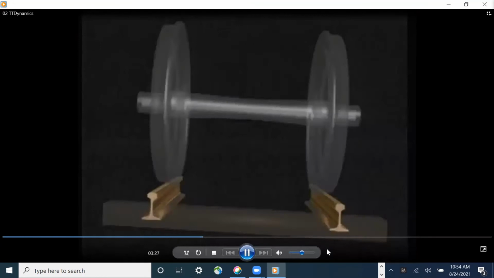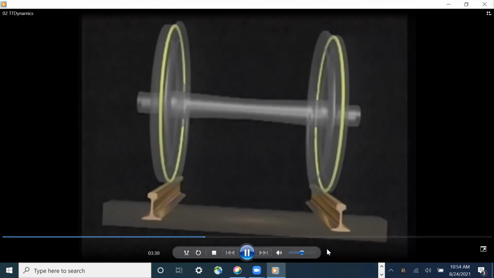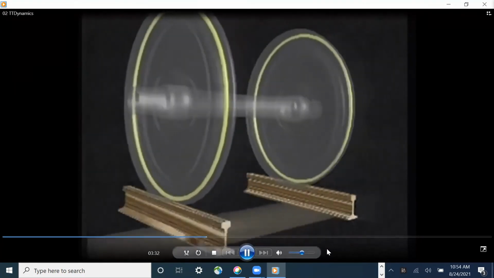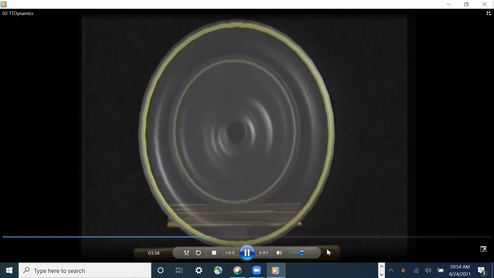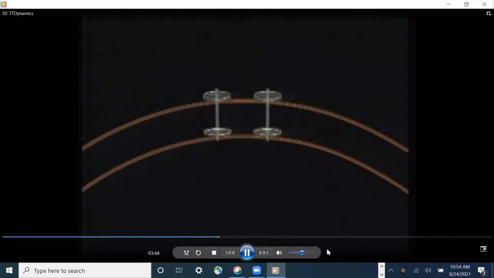On curves up to 2 degrees, and depending on the rail and wheel wear, the conical shape of the wheel tread causes the wheel sets to move toward the high rail. This shifts the contact area of the low wheel to a slightly smaller diameter. Therefore, with each turn, the low wheel travels less distance than the high wheel, allowing the wheel set to steer through the curve without slipping.